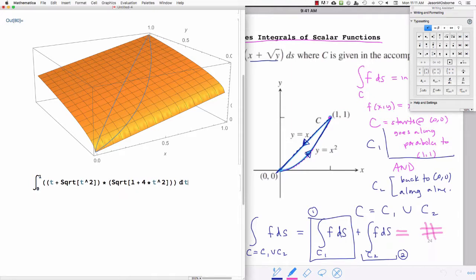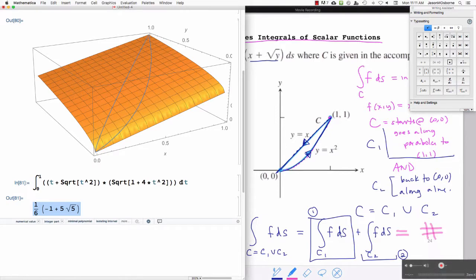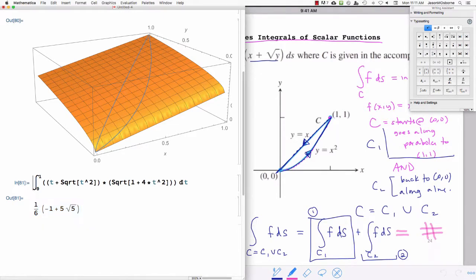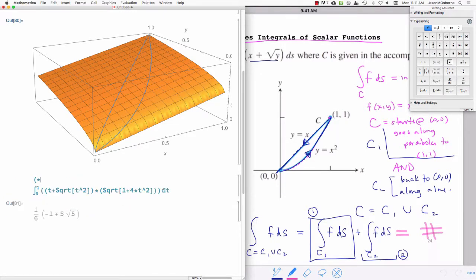Okay. And if you hit Shift Enter, hopefully that was the answer you would get for the integral along the curve C1 here. Okay, so this is the C1 line integral.